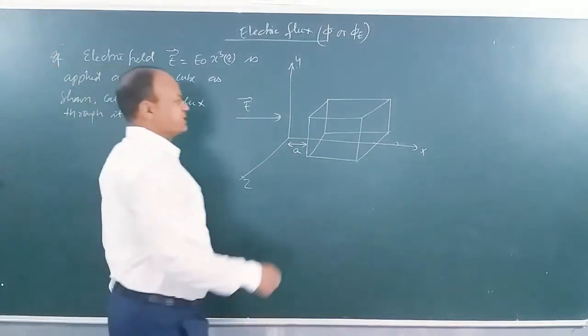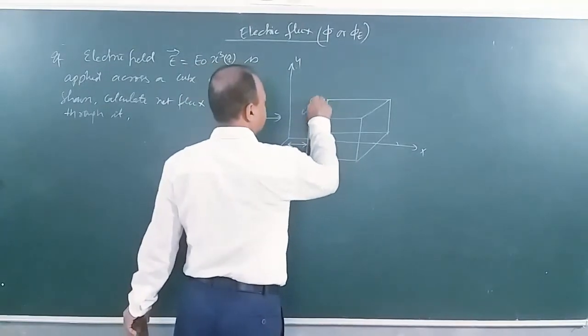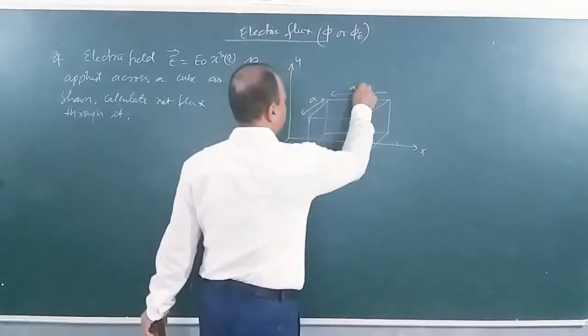And it's given that each side is of length A. Each side is of length what? A.